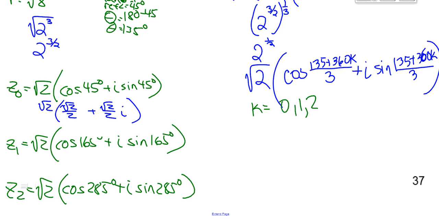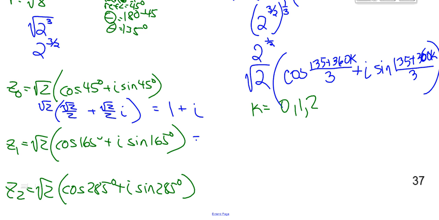So what is that going to be when you distribute that square root of 2? So 2 over 2, or 1, do you agree? Because square root of 4 over 2, which is 2 over 2, which is 1, plus 1i. 1 plus i for that first one. So that's just whole number things, so that's easy.